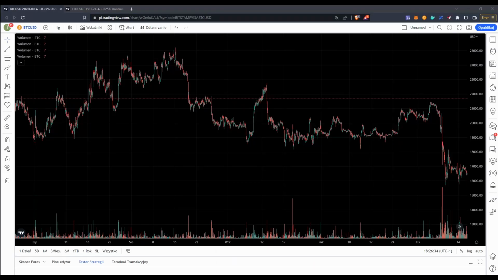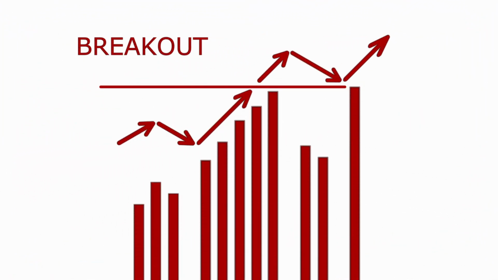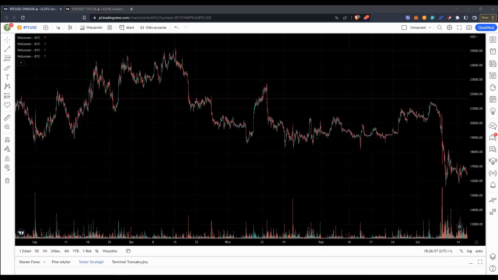If we have higher volume and an upside break, when prices go through the resistance with higher volume, it might indicate a confirmed breakout and we are going to look for continuation. So we are going to look for a buying pullback and expect higher prices.